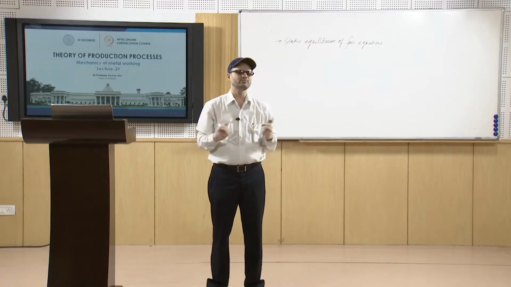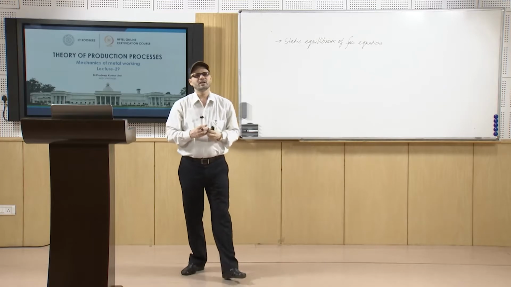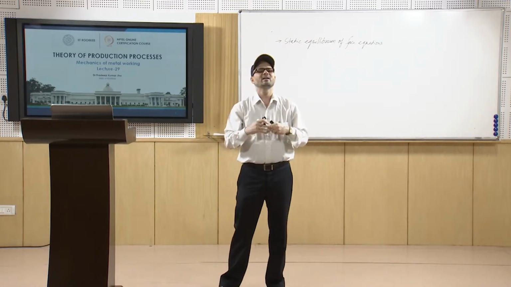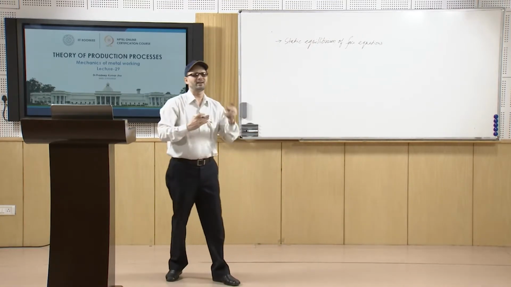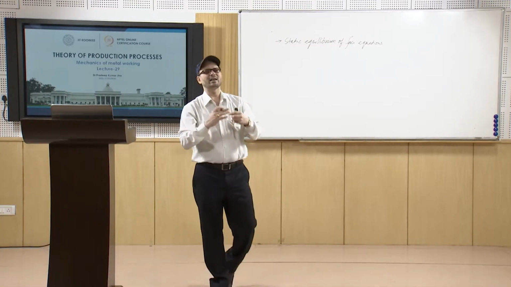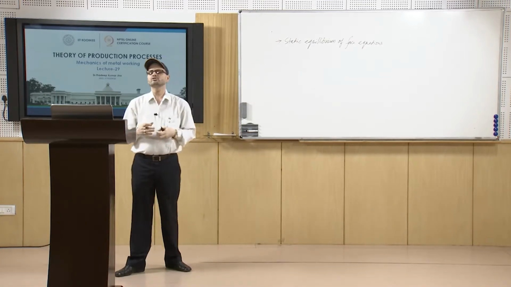If the system is in equilibrium, the forces acting in plus x and minus x direction must be equal in magnitude and opposite in direction. Similarly for plus y and minus y, and plus z and minus z. So this way you have the static equilibrium of force equations.